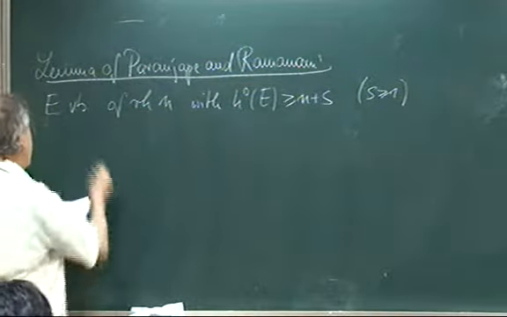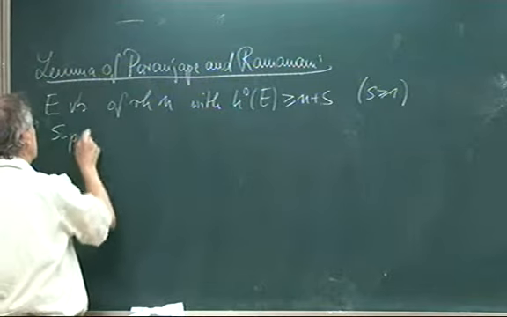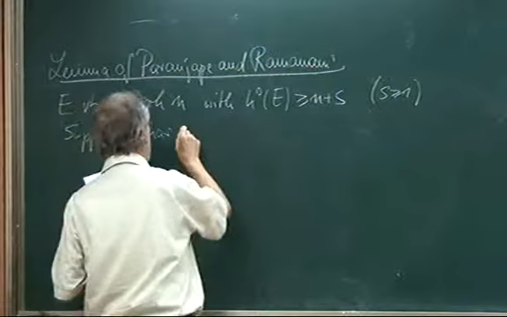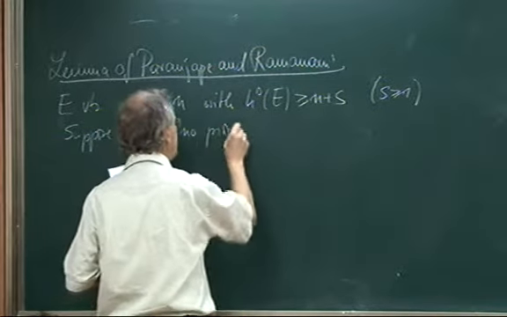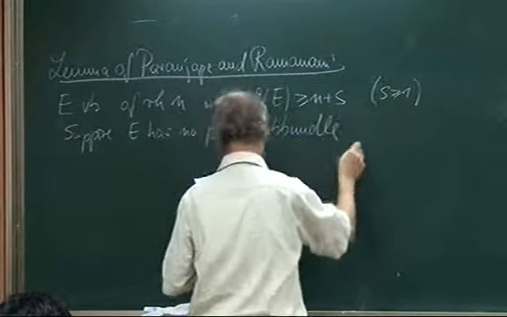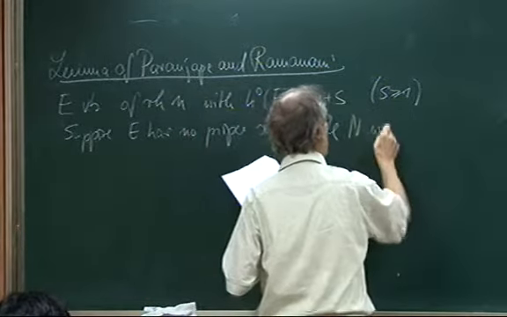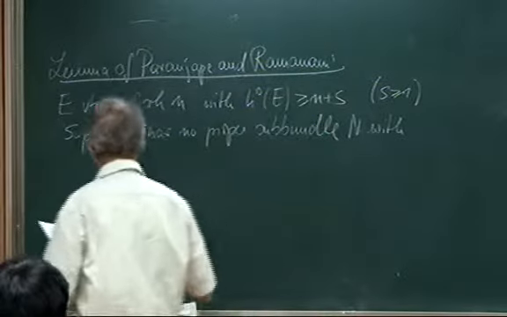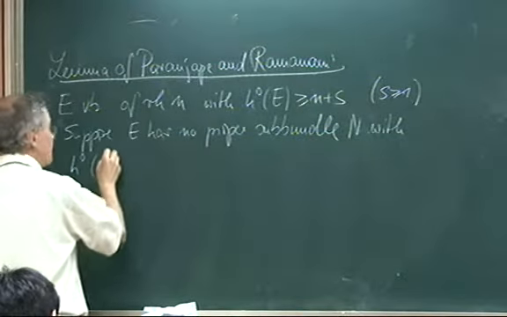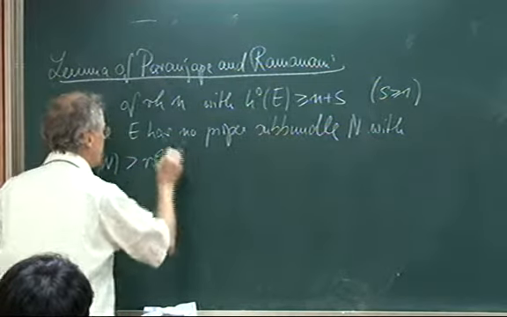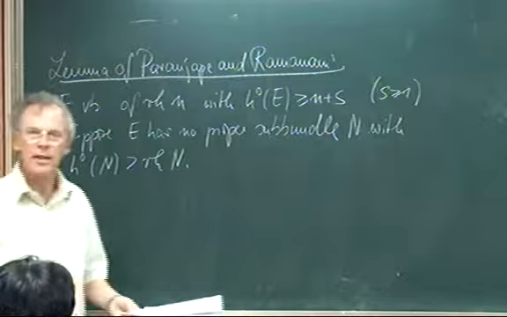Right? Then, suppose E has no proper subbundle N with H0 of N greater than the rank of N, or greater or equal to the rank of N plus 1.